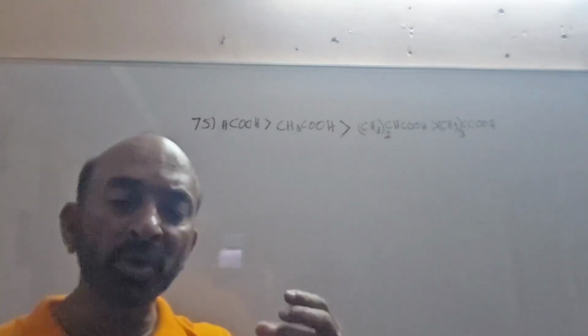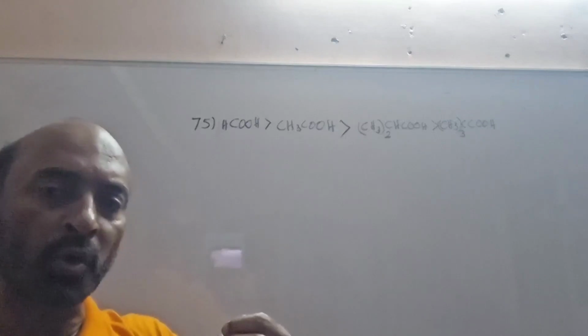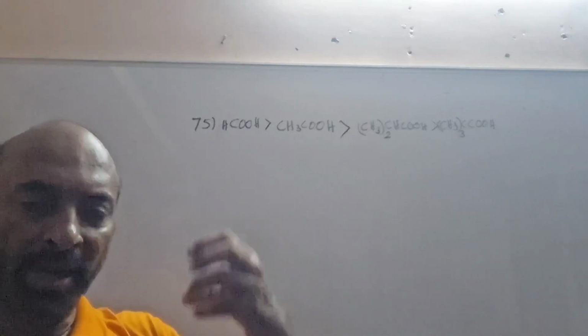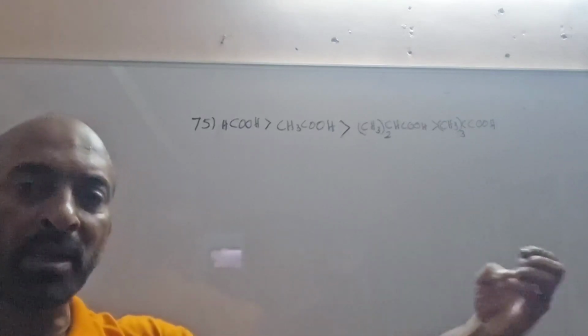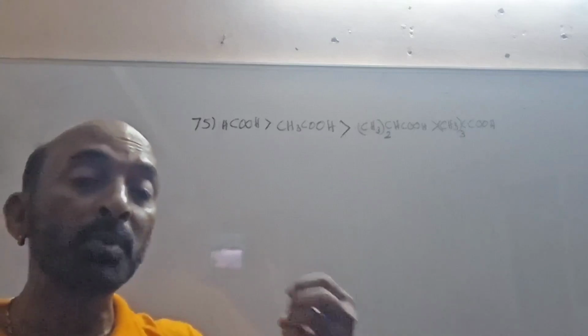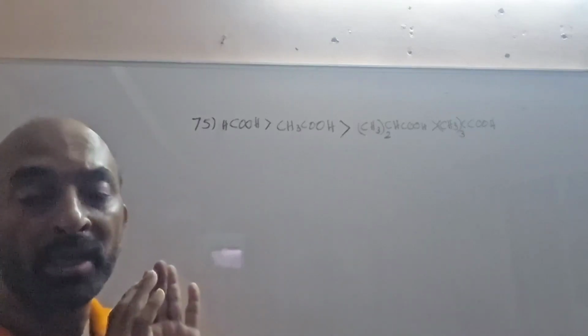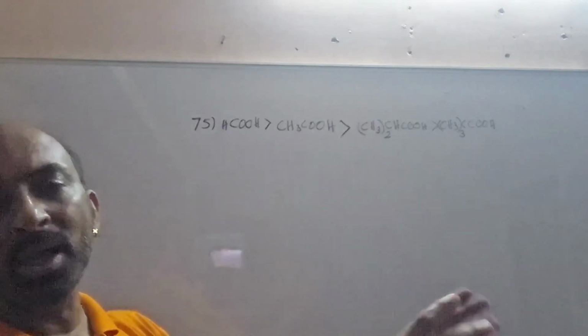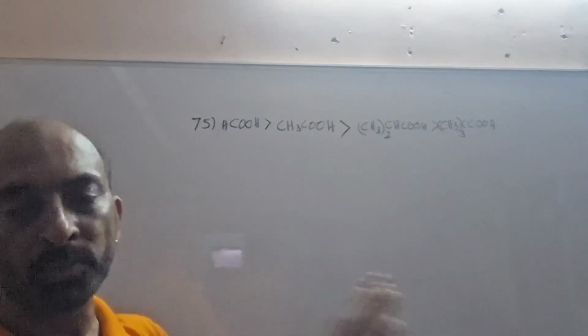It will be more and more difficult for a hydrogen atom to be released as a proton when the electron cloud density around the carboxyl group is increased by electron pushing groups.